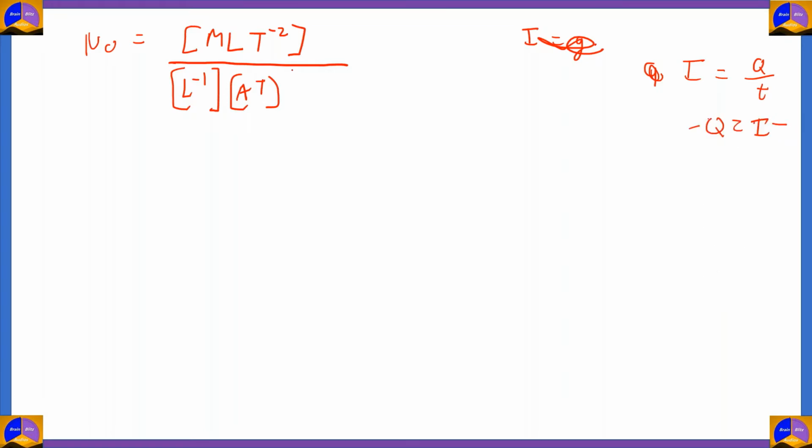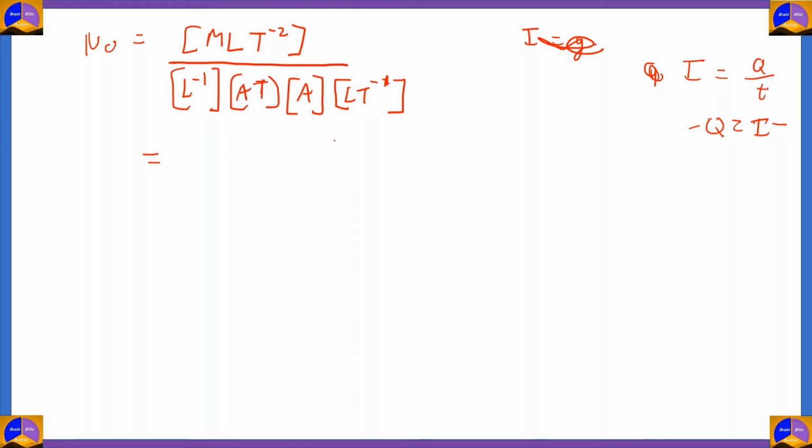So basically, we're denoting the charge using AT, because A is for the current. So therefore, we'll have A as well, singularly, because we have I as well. And finally, we have velocity, which we will represent as LT power minus 1. This is displacement by time.